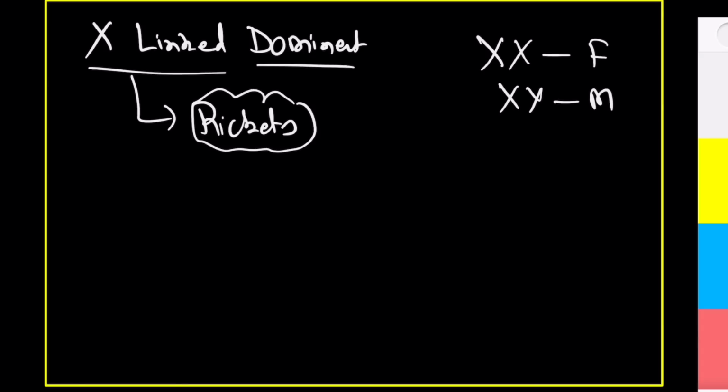Hopefully you know in this disease there is a deficiency of vitamin D. They are unable to synthesize vitamin D. Now for simplicity, let's suppose you have a father who is going to carry the mutated gene, present on the X chromosome, which causes the disease rickets, XR, and here you are going to have the Y chromosome.